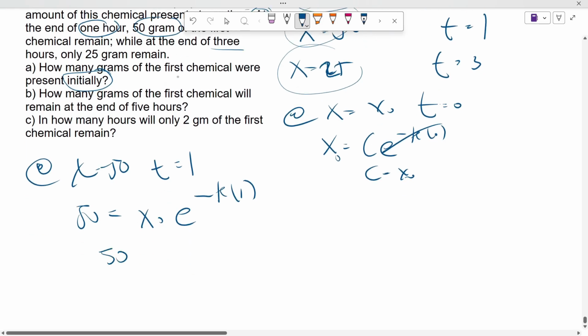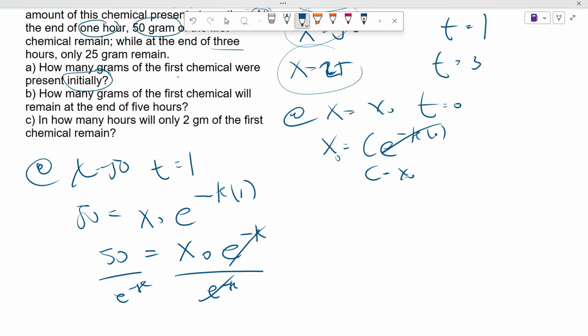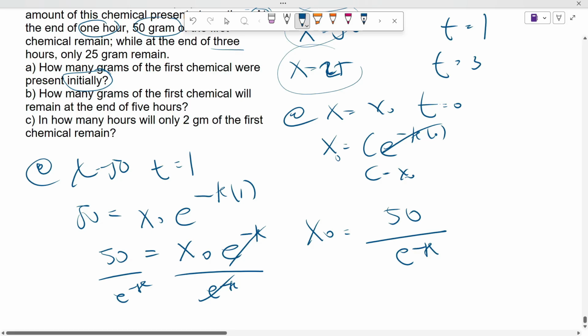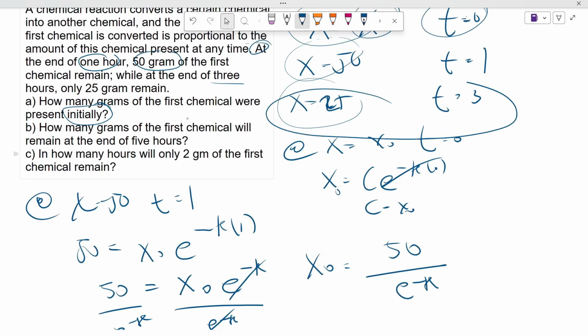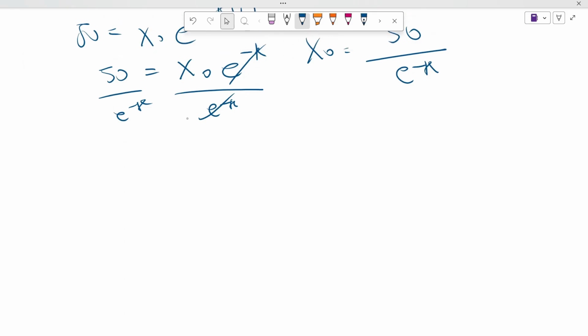Divide mo lang ng e raised to negative k. Cancel, cancel. So ano yung nakuha natin dyan, guys? x0 = 50 e raised to k. So gets? That's the second condition. And the third condition, guys, 25 and t equals 3.